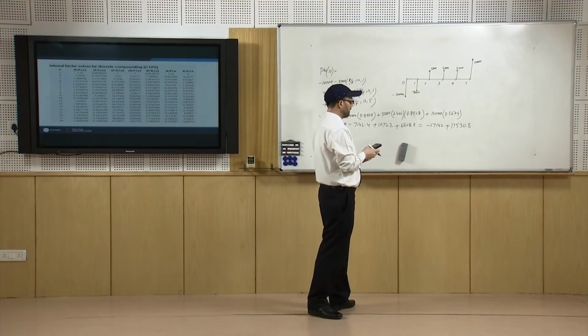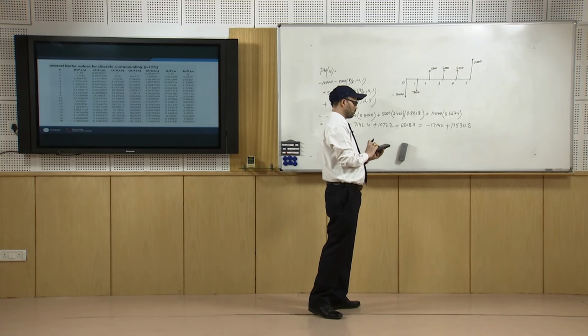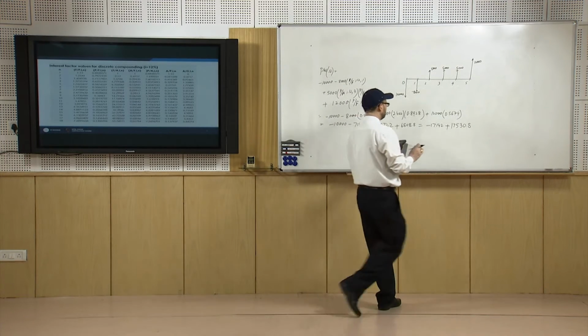So, 17,538 minus 17,142 is equal to 388.